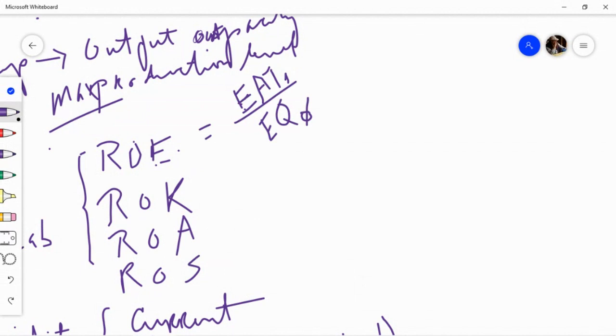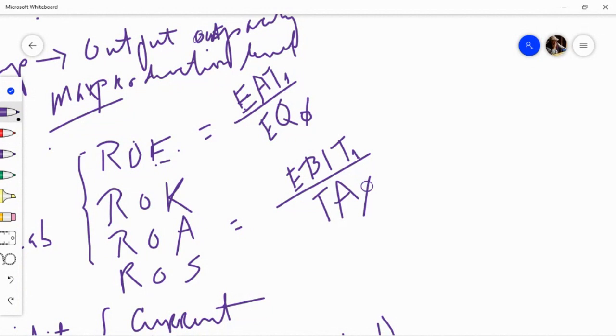And then return on assets. Of course, it's EBIT, right? It has to be. Sometimes they use EAT, but EBIT is more appropriate as the numerator for that. Over total assets.